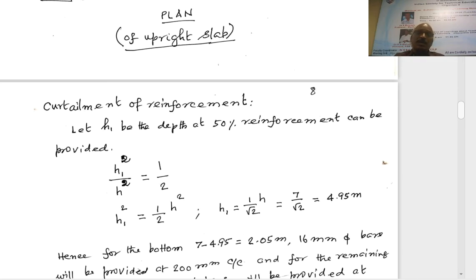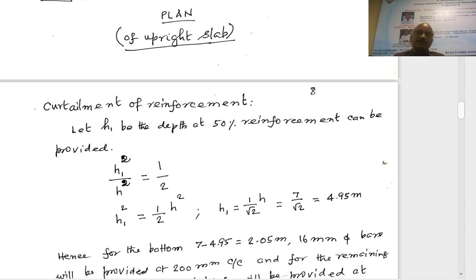So if the bottom, 7 meters, is the level at which you provide 100% reinforcement, we assume that at h1, at some level from the top, 50% of the reinforcement is enough. We are going to curtail 50% of the bars.